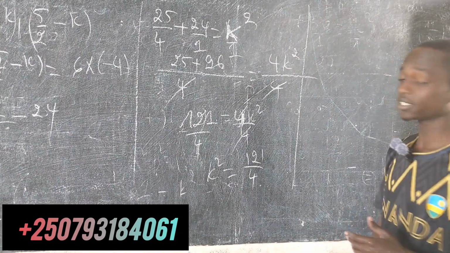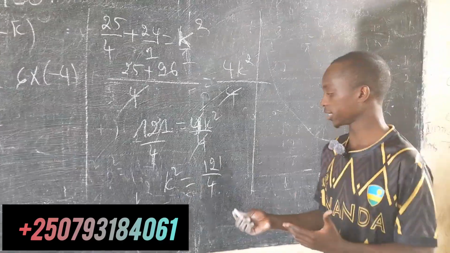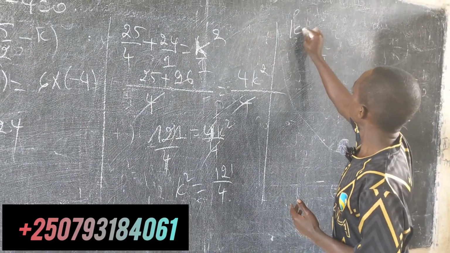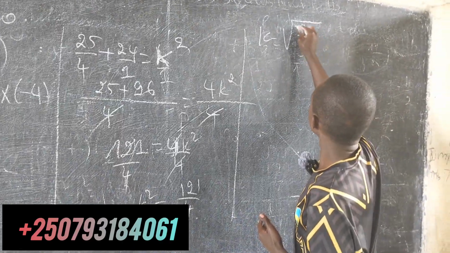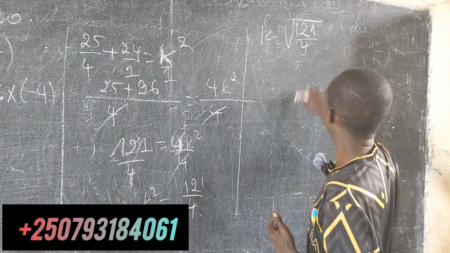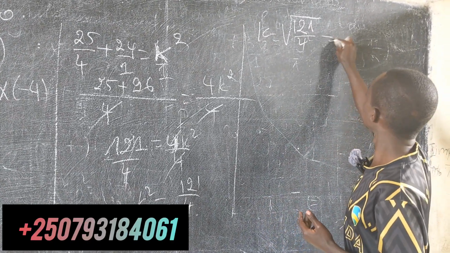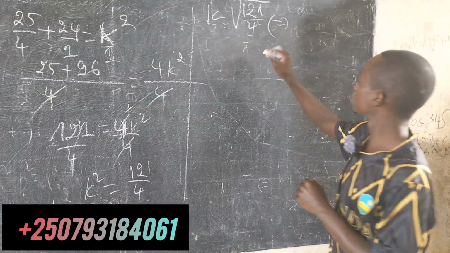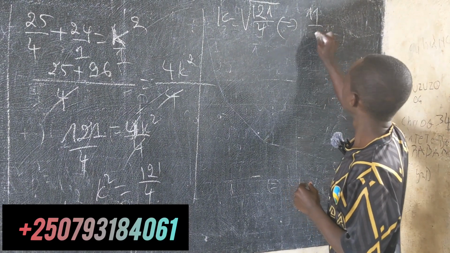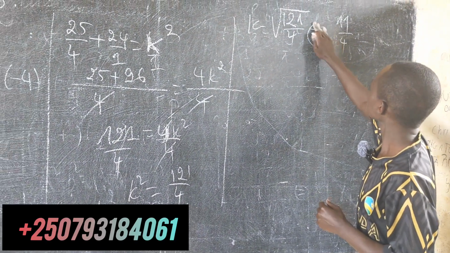So in order to get k, we need to write the square root of 121 divided by 4, which means that the square root of 121 is going to be 11 divided by 4.